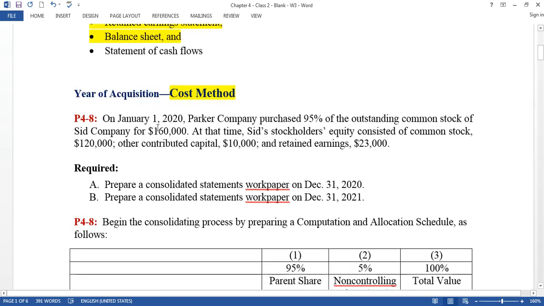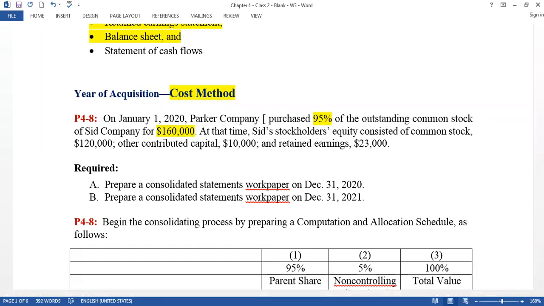So let's read the question first. On January 1st, 2020, Parker Company purchased 95% of the outstanding common stock of Seed Company for $160,000. We have some important points here. We have to figure out who is the parent company.